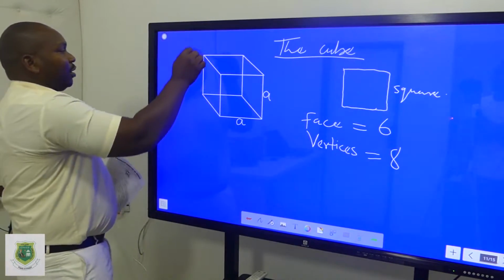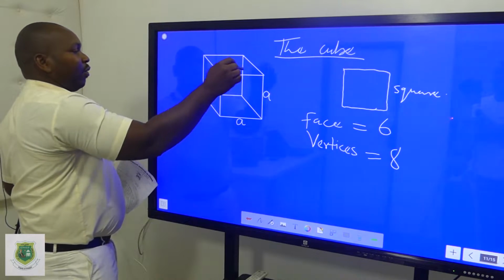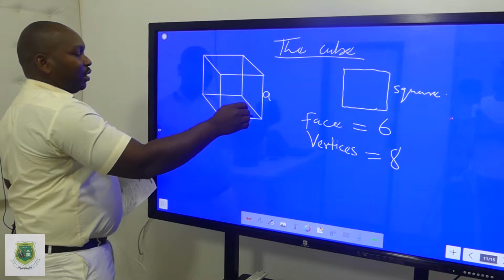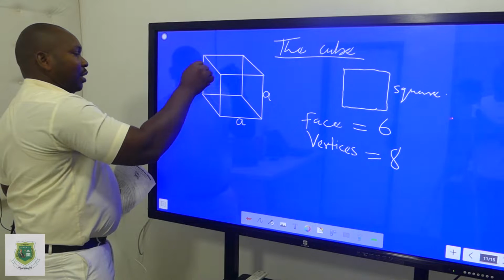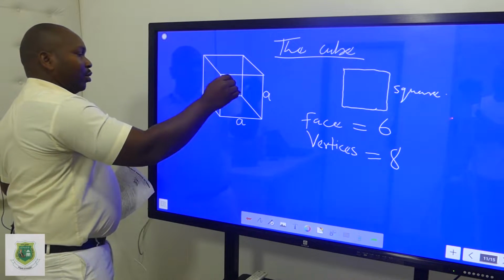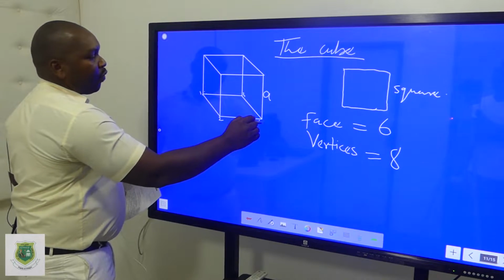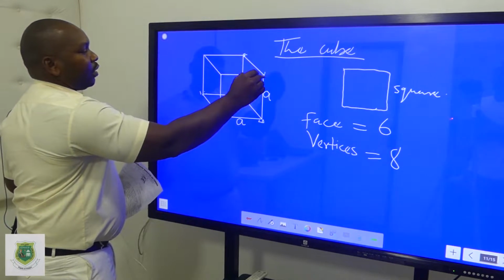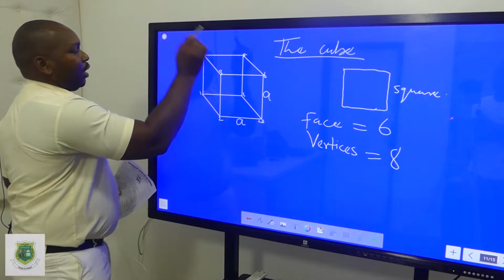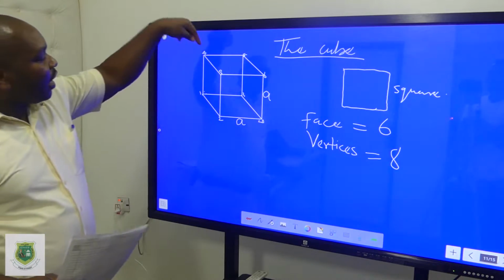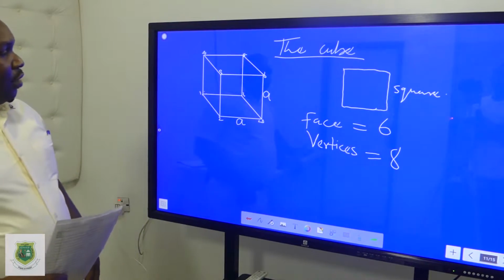When you count it, 1, 2, 3, 4, 5, 6, 7, 8. As you can see, it has 8 vertices if you count it.